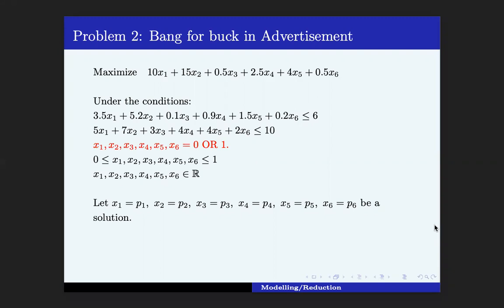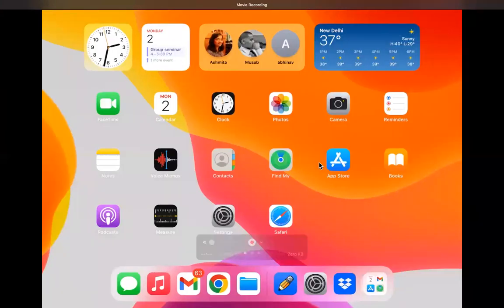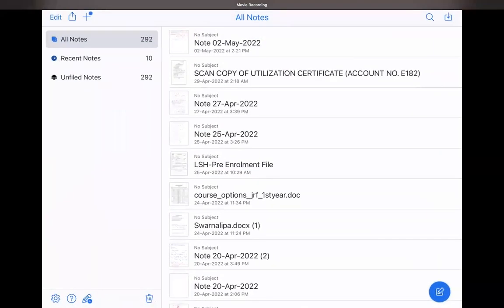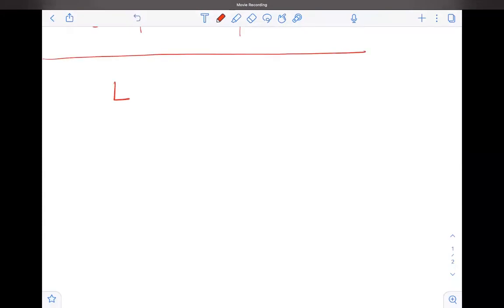But the most important fact is that we had picked up this LP, and this LP has a polytime solution.